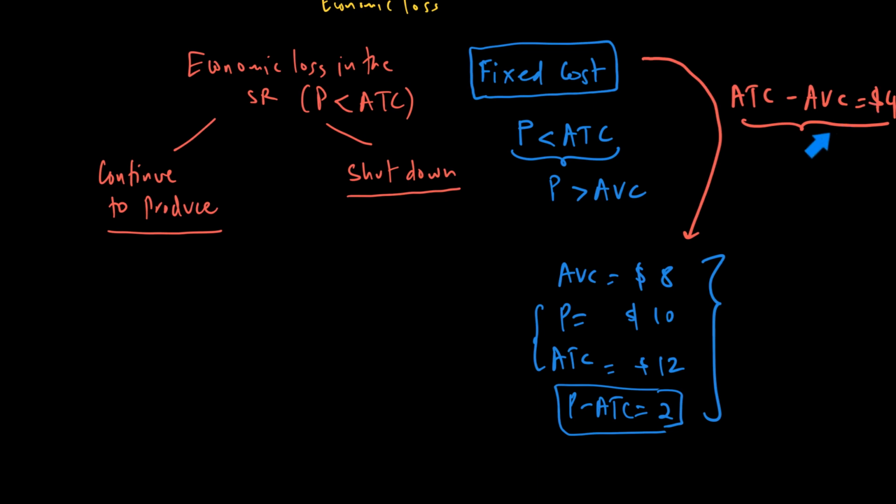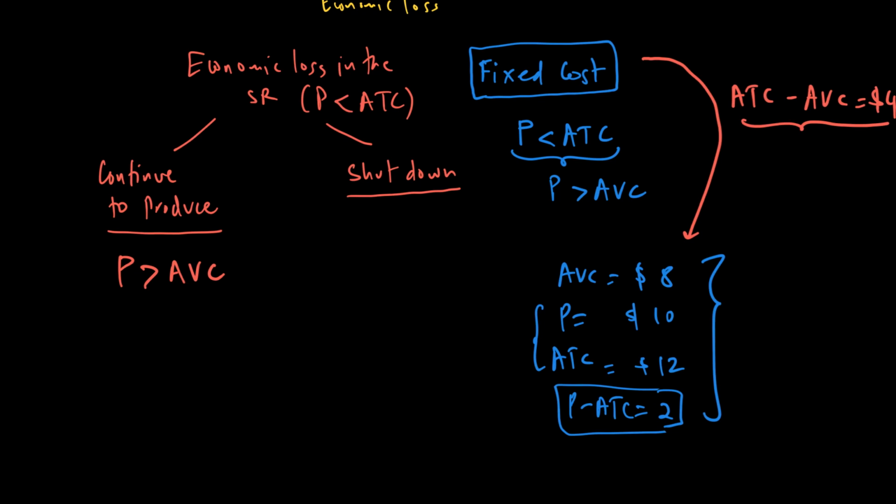So I'm making a loss of $4 if I shut down because I still have to pay my fixed cost. But if I continue to produce, I make a loss of $2, which means that whenever price is greater than AVC, the firm should continue to produce, because if they shut down, they will pay a bigger cost, which is the fixed cost.